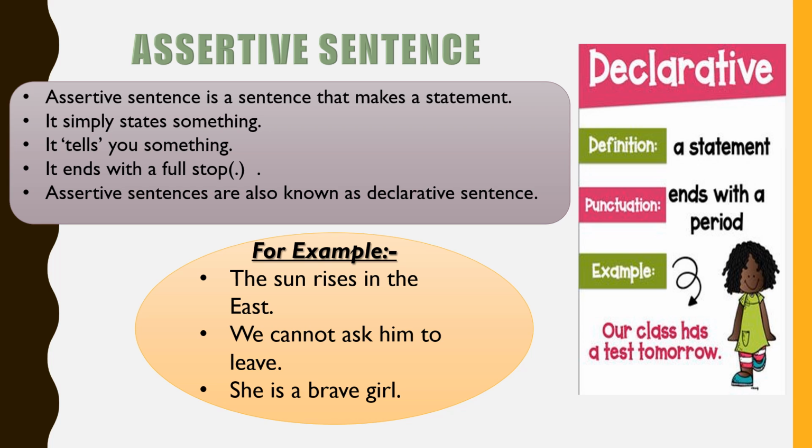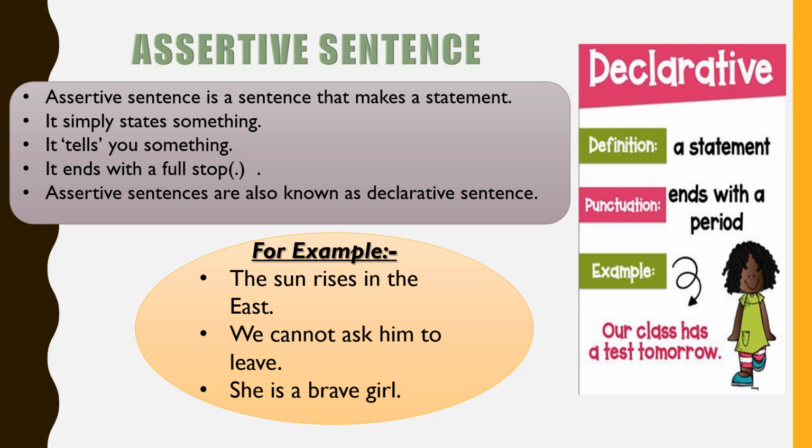Now, for example, the sun rises in the east. The sun rises in the east is a normal statement, we know that the sun rises in the east, right? Then we have the next sentence, we cannot ask him to leave. So we are declaring something in this sentence, that we cannot ask him to leave.